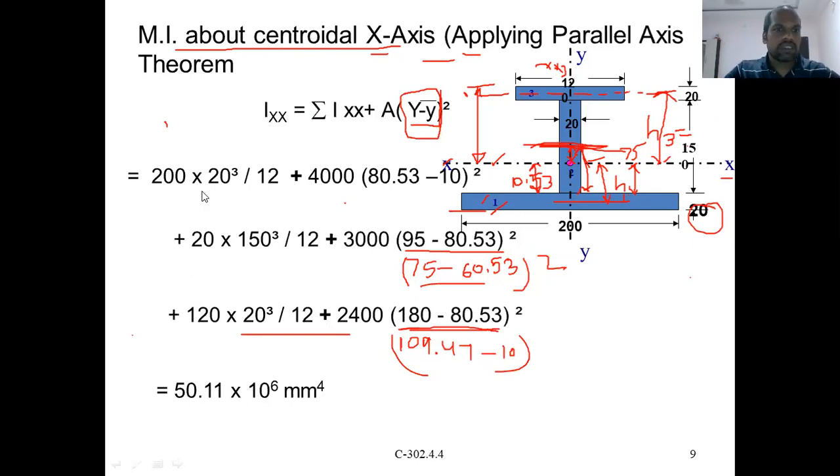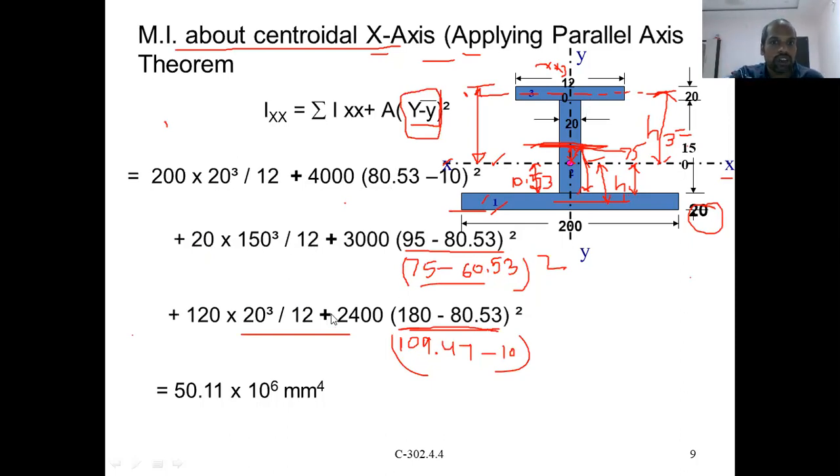Even the calculators nowadays let you write this entire equation in one go, the way it is written here: 200 into 20 cubed divided by 12 plus 200 into 20 into (80.53 minus 10) squared, plus again 20 into 150 cubed by 12 plus 300, like this.